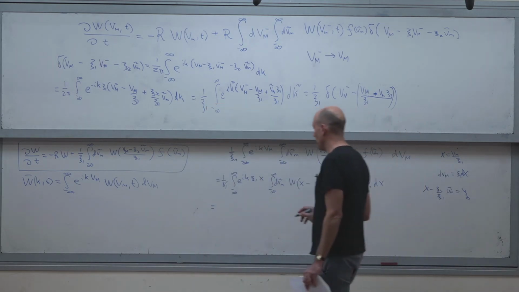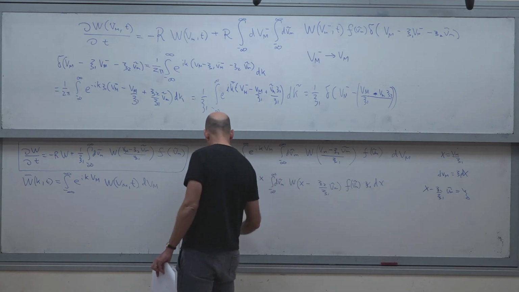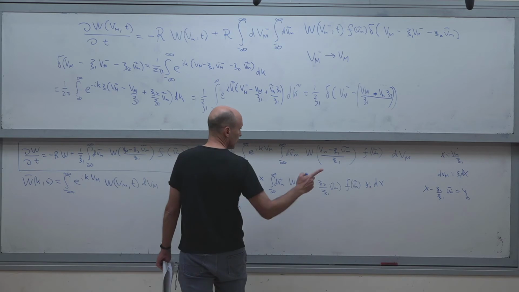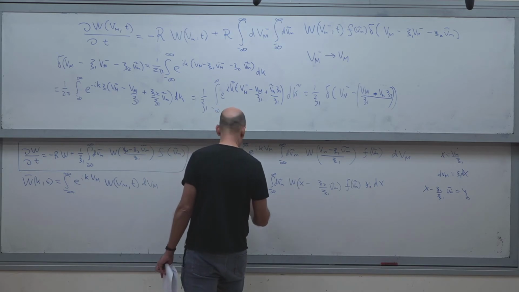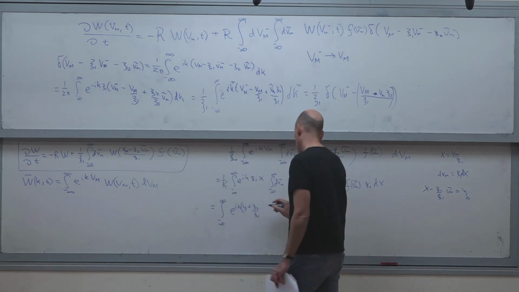Okay, so here I have the following. Integral from minus infinity to infinity, e to the i k, now I need to write here y plus psi2 over psi1 Vm tilde.